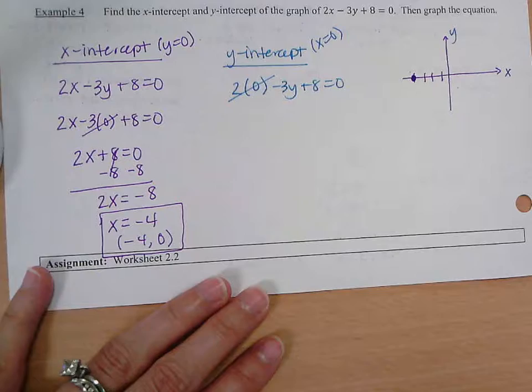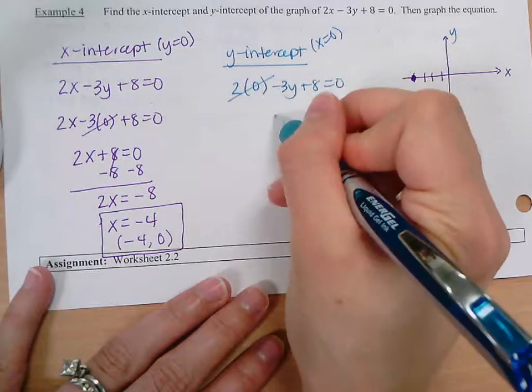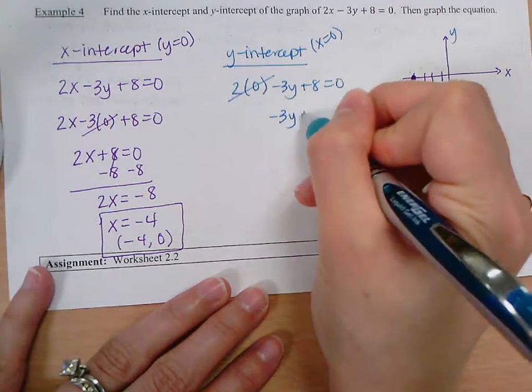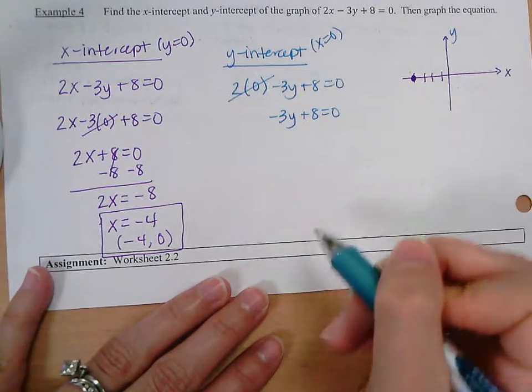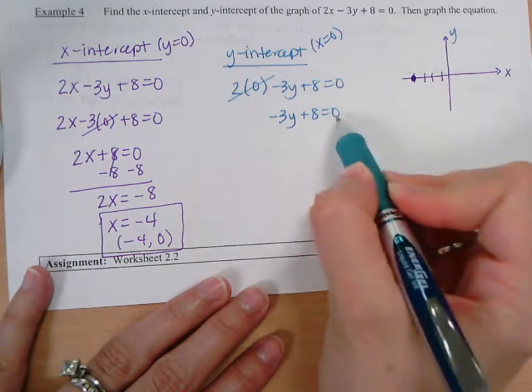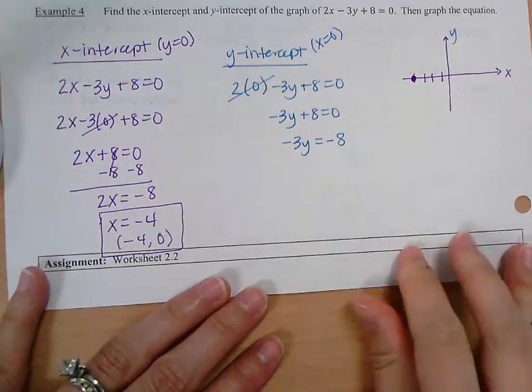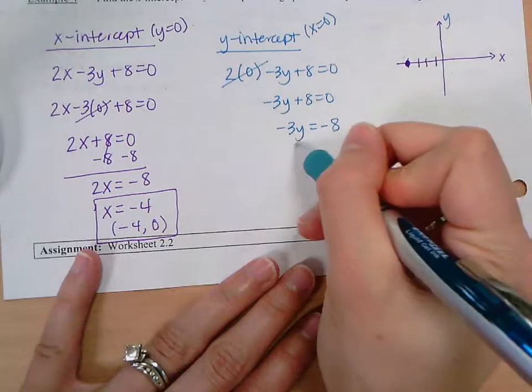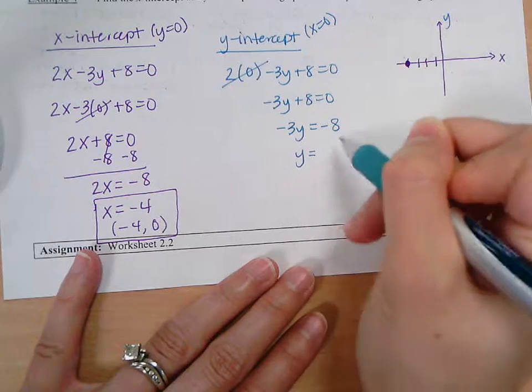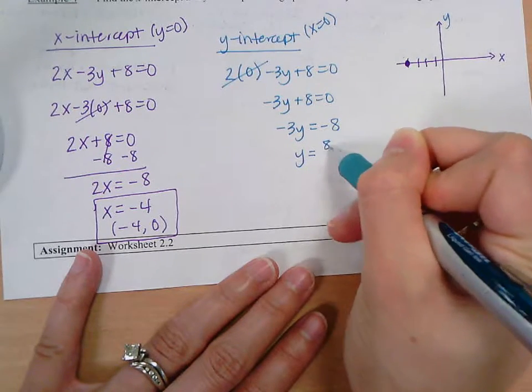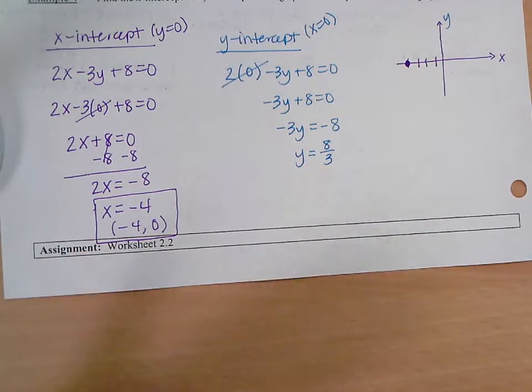So my x term is gone. Make sure you keep the negative in front of the 3y. And then if I subtract 8 and divide by -3, I'll get a positive 8/3, which I'm going to leave as a fraction.